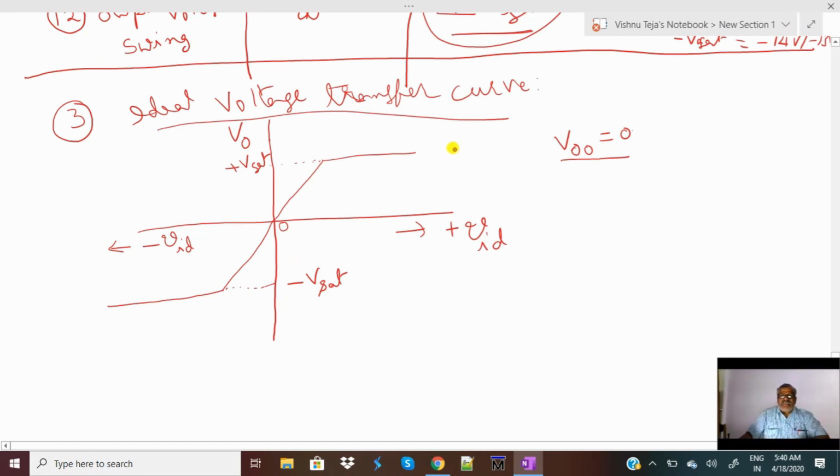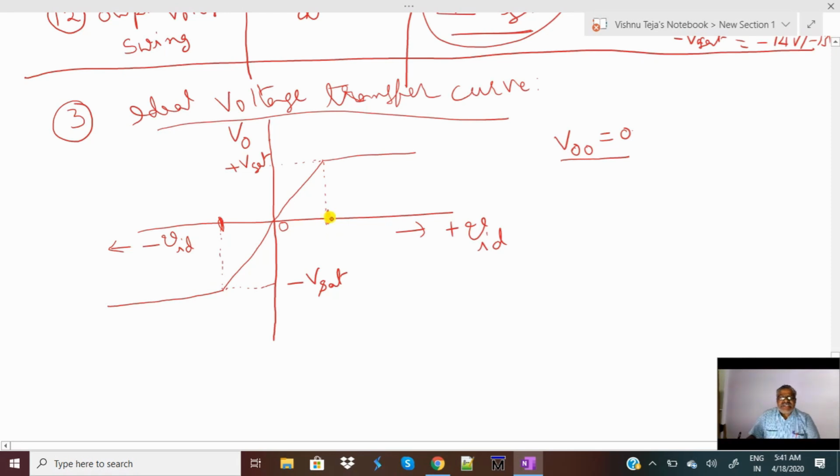From this we can understand that between the values of minus VID and plus VID, for this range of input values, the output is changing linearly. This indicates that we get faithful amplification by using this operational amplifier.